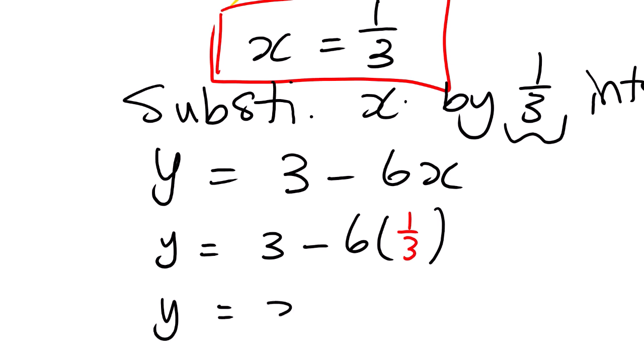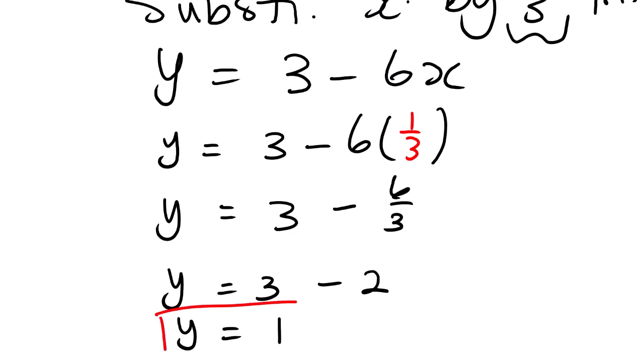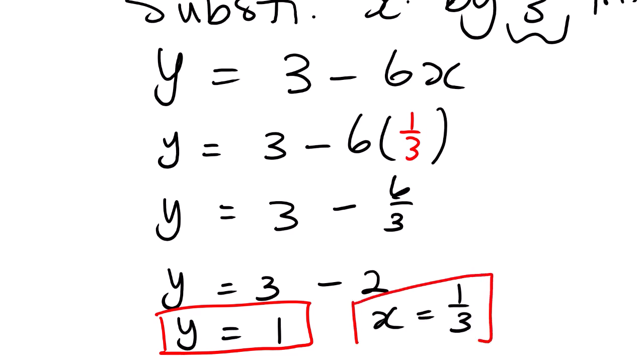Negative 6 multiplied by 1 over 3 is negative 6 over 3. This is the same as negative 2. So 3 minus 2 is 1. Then the value of x is 1 over 3. I hope you got this one correct also.